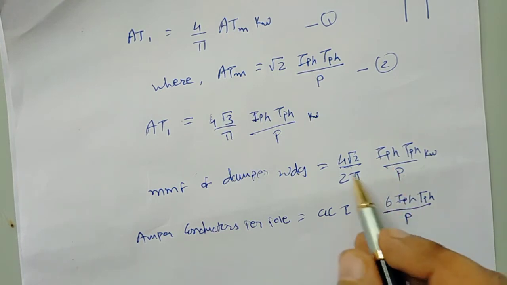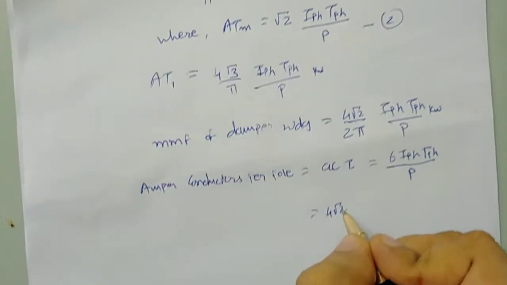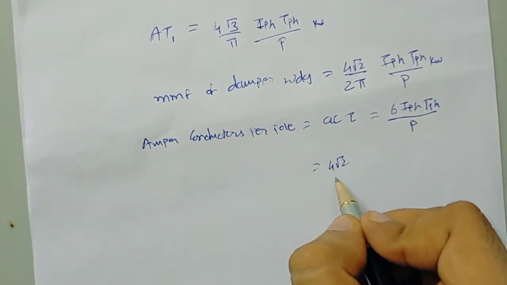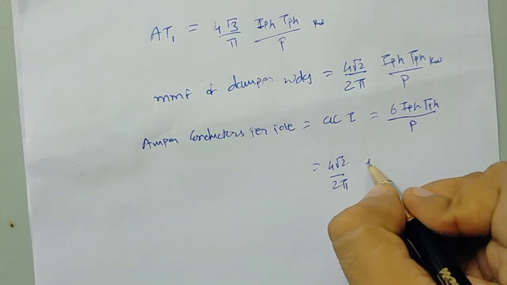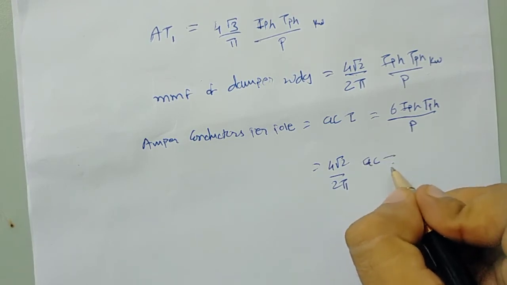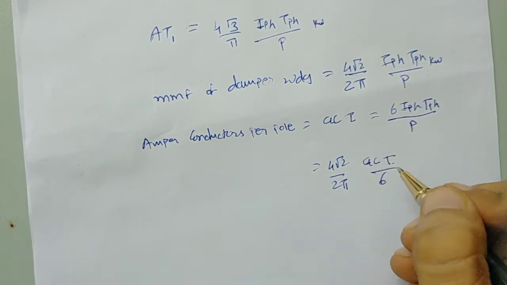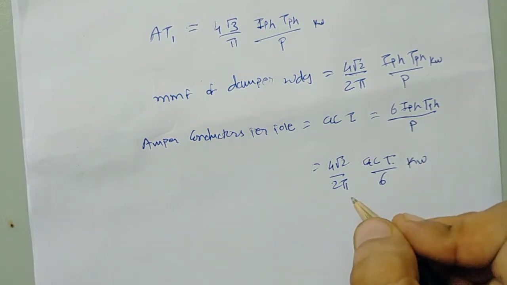So if we rewrite this equation, it will look like 4 root 2 divided by 2 pi into ampere conductor into tau divided by 6 into the winding factor.